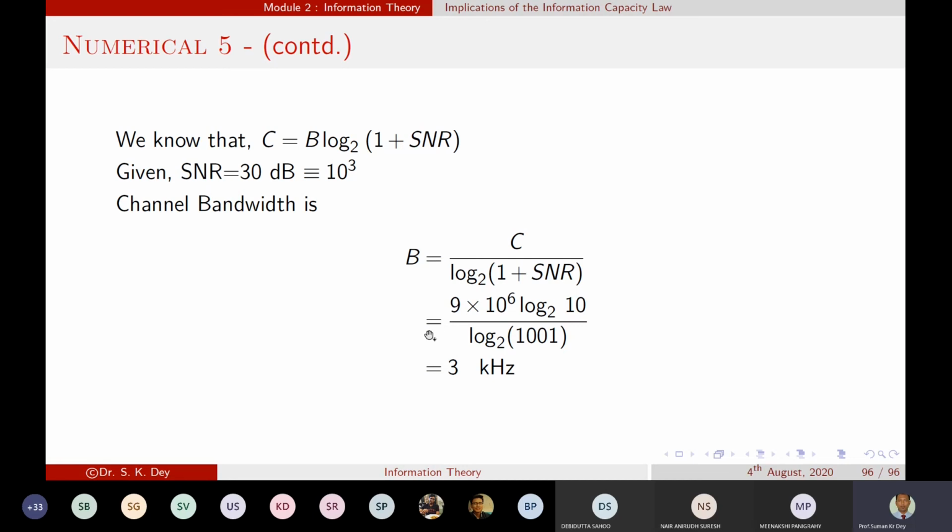Because we can do it that way: 3 into 3, 9. So these 3 we can take in the power of 10 to the power 3. It will become log 2 base 1000 by log 2 base 1000, so it will be cancelled, and what remains is 3 into 10 to the power 6. That means this is megahertz, not kilohertz. Approximately 3 megahertz.